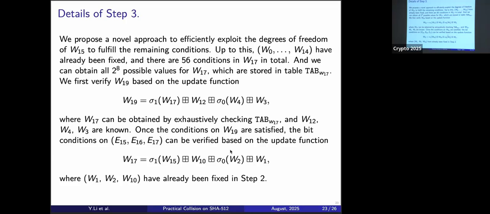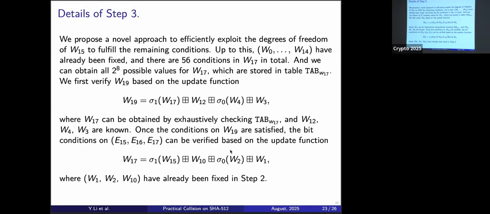In step 3, we need to satisfy the 88 uncontrolled conditions. So we propose a novel method to use the degree of freedom of W15 to fulfill the remaining conditions. Up to this point, W0 to W14 have already been fixed, and there are many conditions in W17 in total, and we can obtain all 2 to the power of 8 possible values for W17.